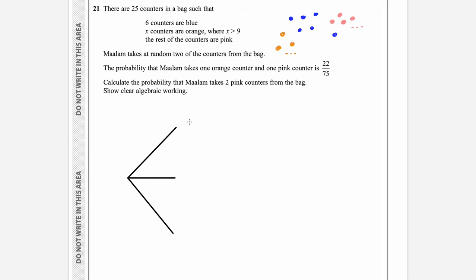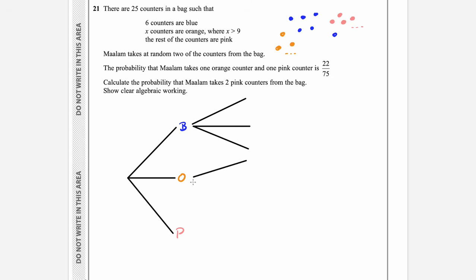Blue, orange, pink. And then let's just write here blue, orange. Obviously, guys, you don't need the fancy colors, but whatever. Blue, orange, pink. And then I'm going to do 3 more, which would be my blue, orange, pink.